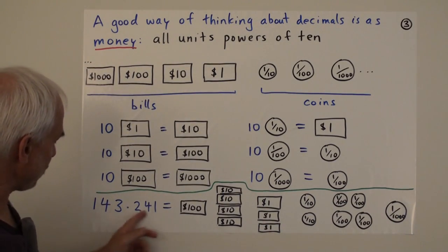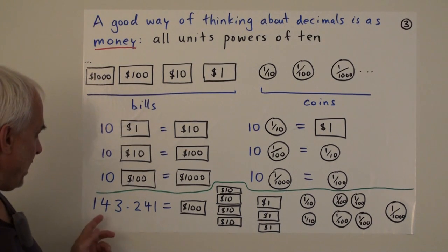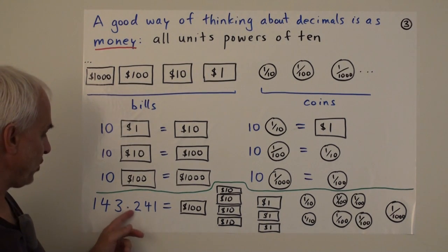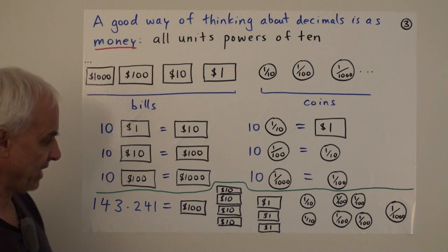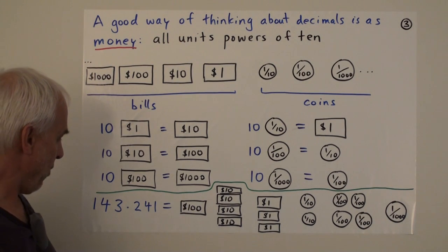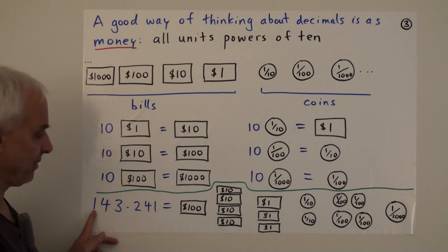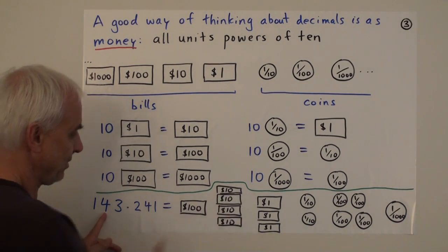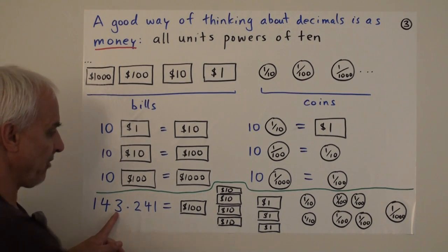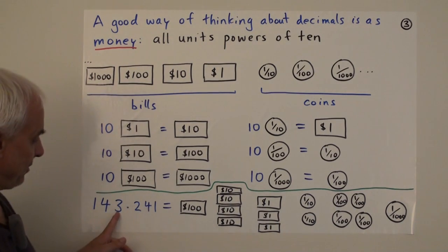So if you have a certain amount of money, let's say 143.241, what does that mean? Well, it means that you're going to have $100, and the 4 represents 4 $10. The 3 is in the ones column, represents 3 $1 bills.